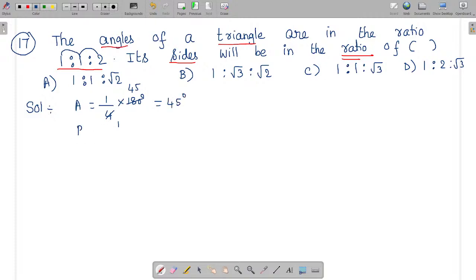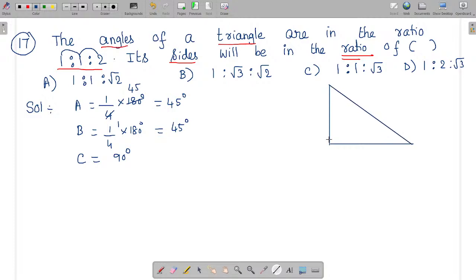Obviously B is also 1/4 × 180, that will be 45 degrees. Total 45 + 45 is 90, so C is equal to 90 degrees. Right angle triangle అండి ఇది. So now we are going to draw a right angle triangle, 45, 45. This is 90 degrees, say ABC.